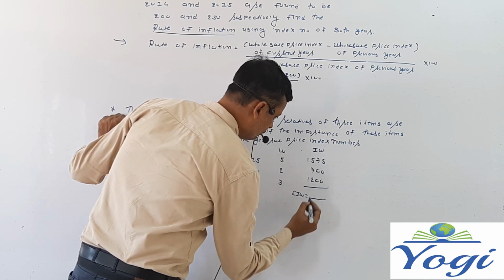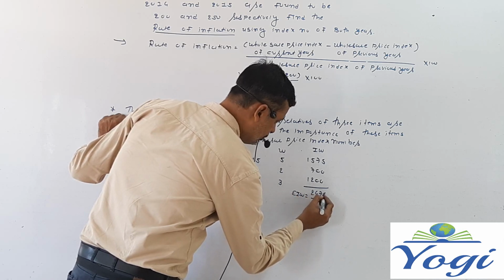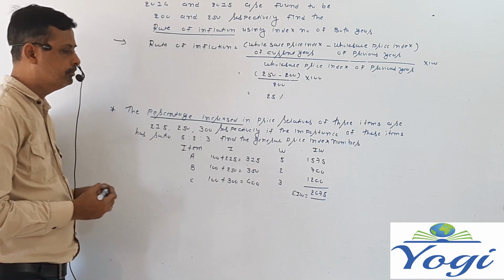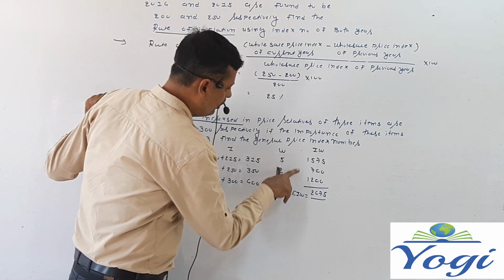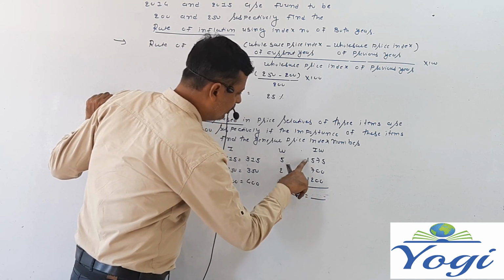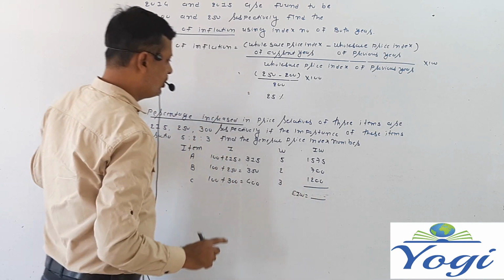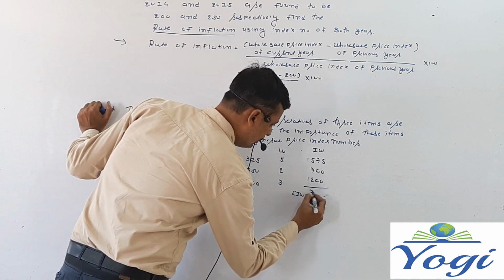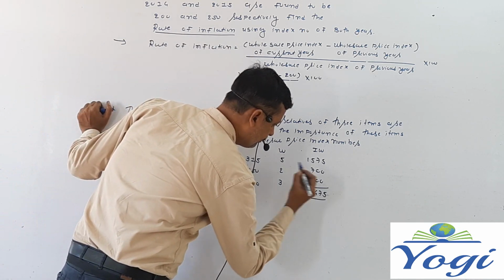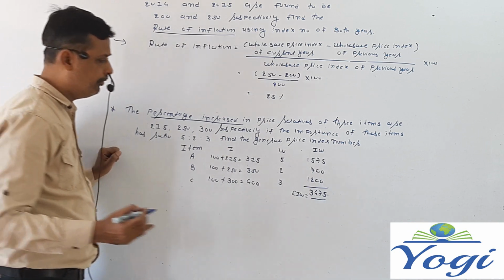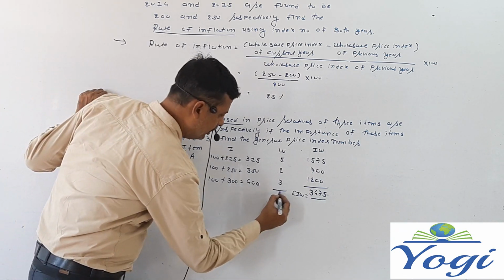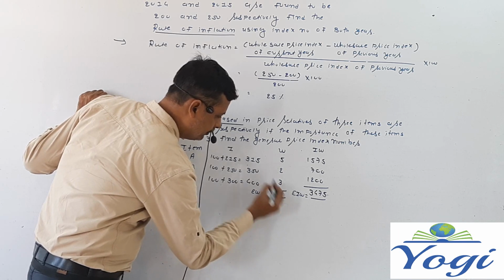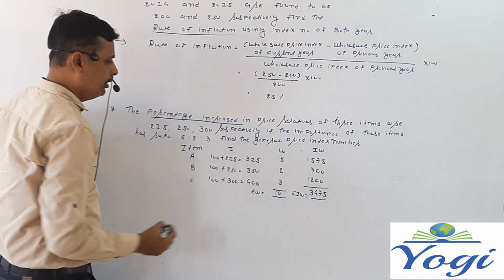So the total is 1575 plus 700 plus 1200, that is 3475. Here the total of sigma W is 10.